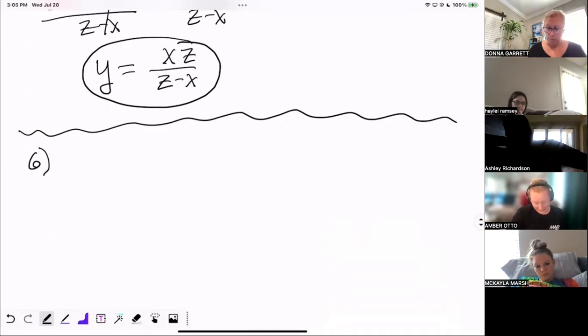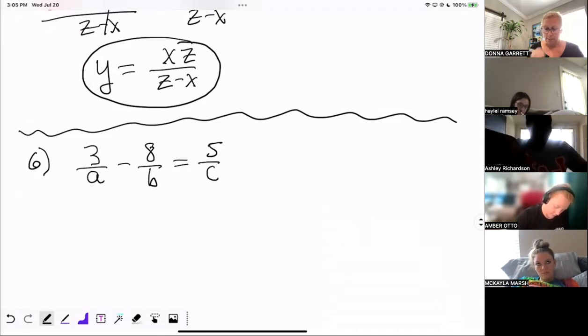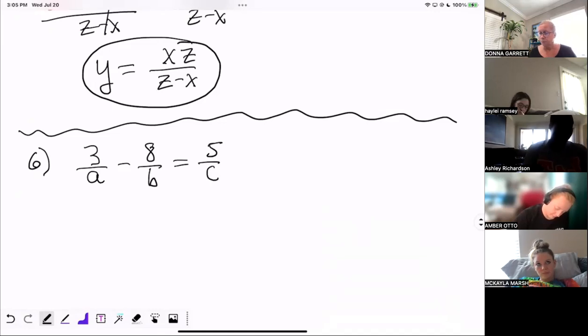So last one. Okay, so this is somewhat the same kind of equation, 3 over a, but it has numbers in it, minus 8 over b is equal to 5 over c. This time we're going to solve for c.